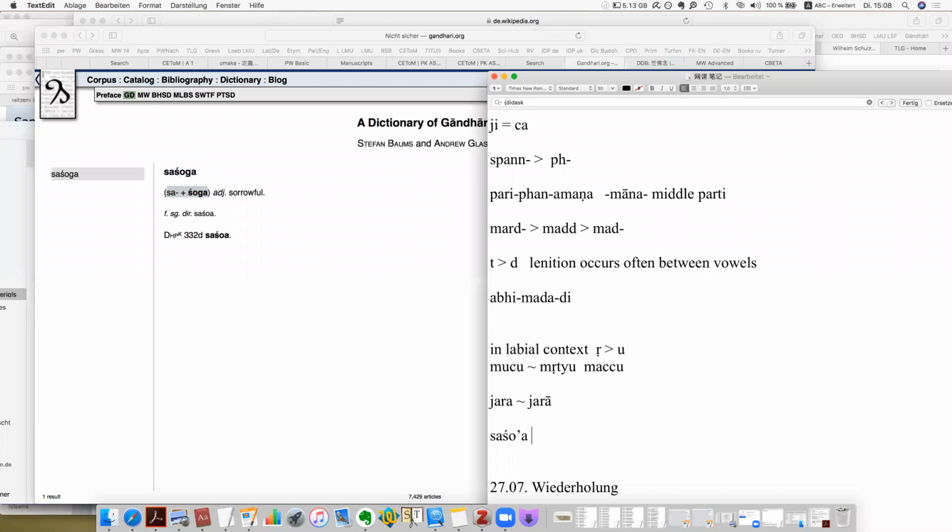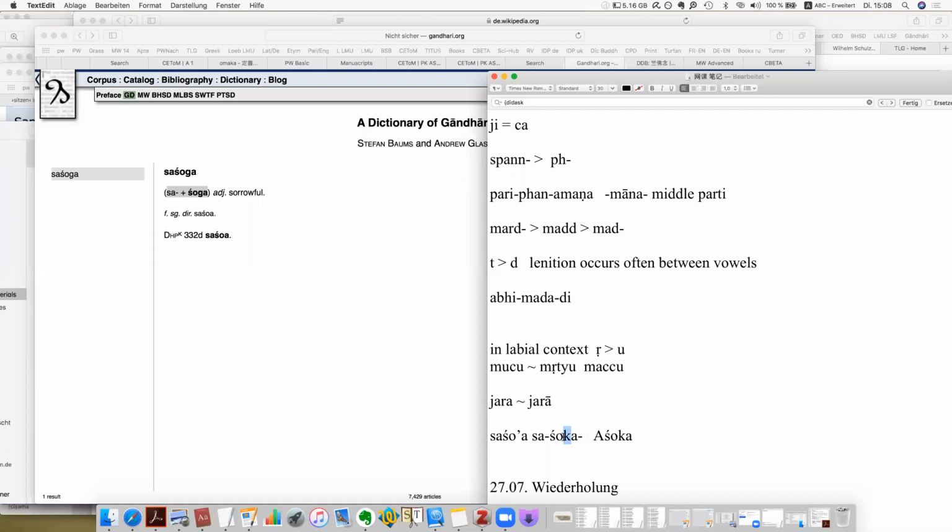So it is sa plus shoka. So this shoka is King Ashoka. King Ashoka means king without sorrow. So sa means with. So it's a description of the human beings. So human beings have sorrow. So they are sorrowful.